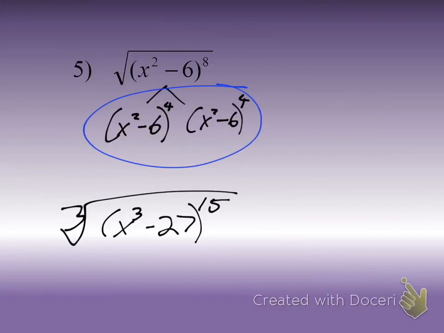The cube root of x cubed minus 27 to the 15th power. Okay? X cubed minus 27 to the 5th. That's it. Okay? The cube root affects that big exponent. That's it. Because you're taking the cube root of that quantity.